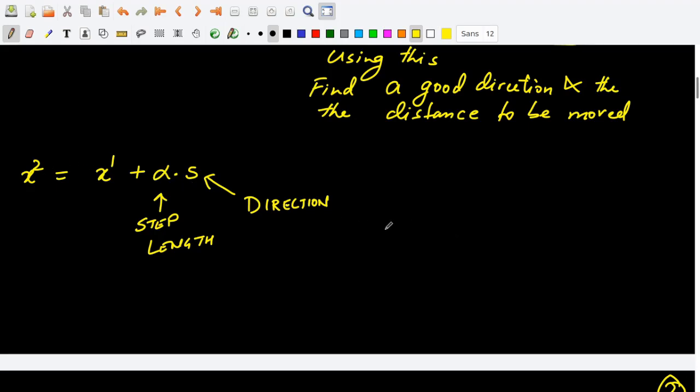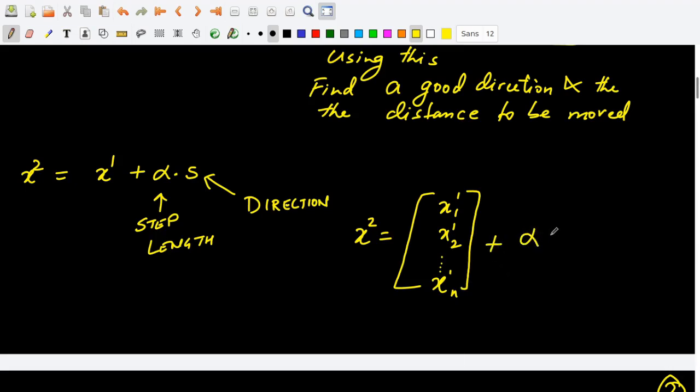These x's are vectors, so really this equation is of this form. Component wise, if I want to write it, and this would be useful in our discussion today. Alpha is a scalar. It tells us how far we want to move in the direction s.